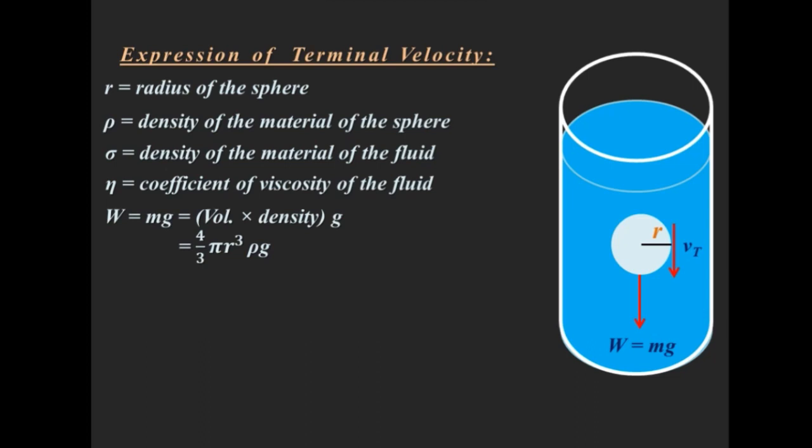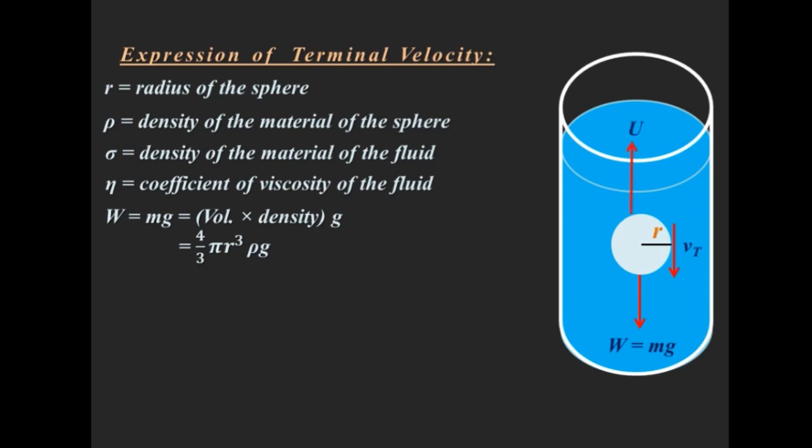Now, as this spherical body is flowing through this liquid column, it has displaced some liquid around it, and from Archimedes' principle, there acts a buoyant force, which will be equal to the weight of the liquid displaced by the body immersed in the fluid. Hence, this buoyant force applies an upward force, which we call upthrust.